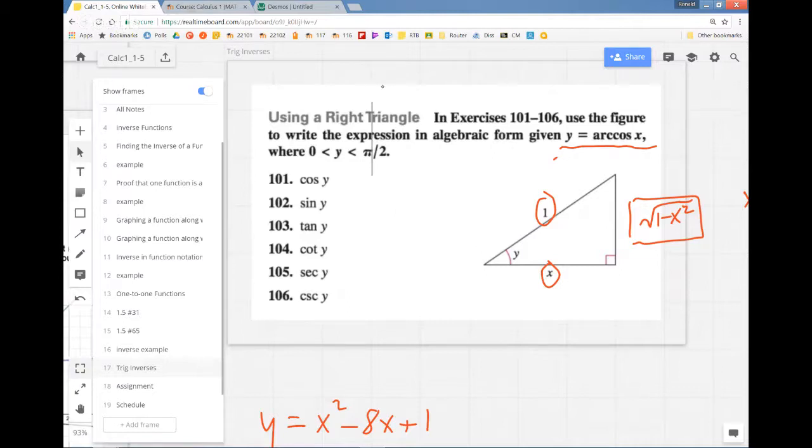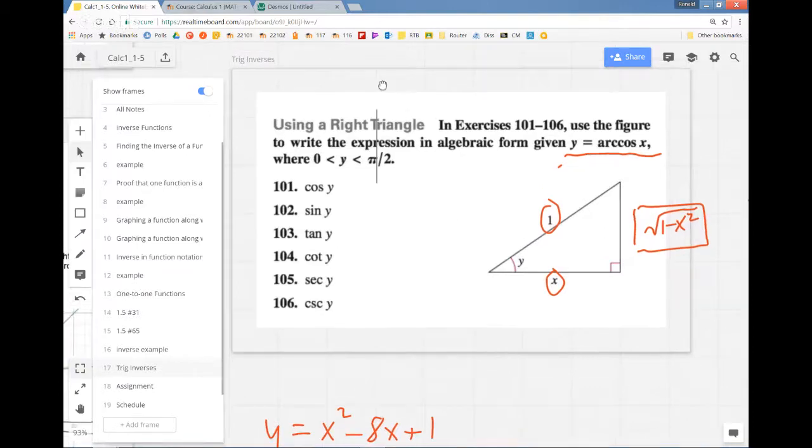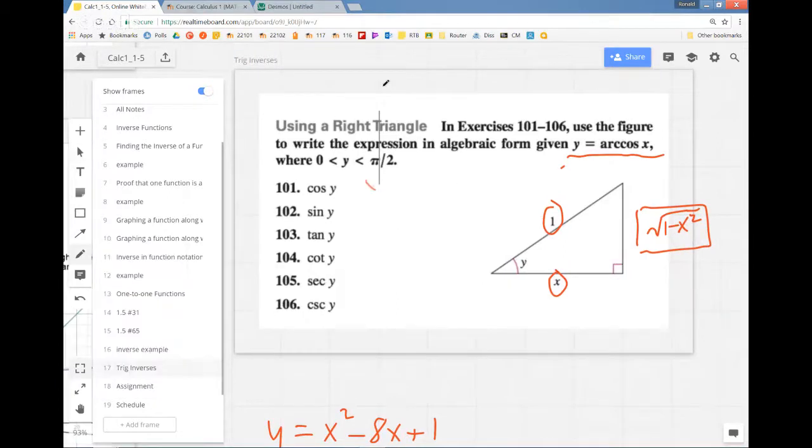The square root of 1 minus x squared over 1. The tangent is opposite over adjacent. So once you've got the triangle solved for, then you can easily continue.